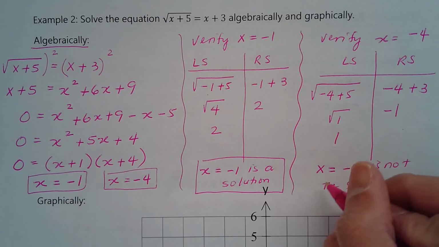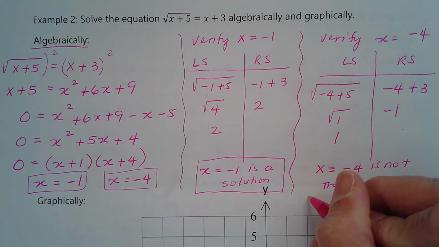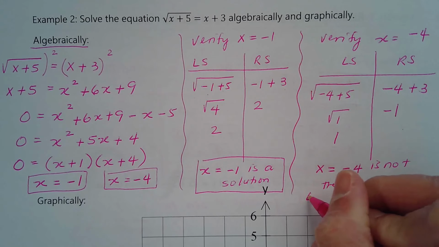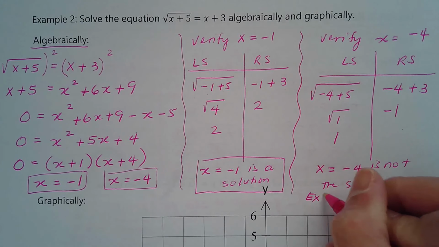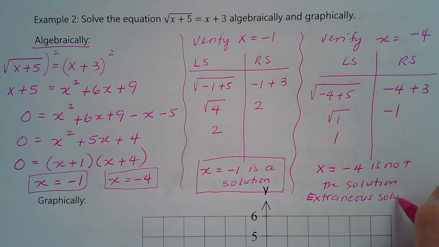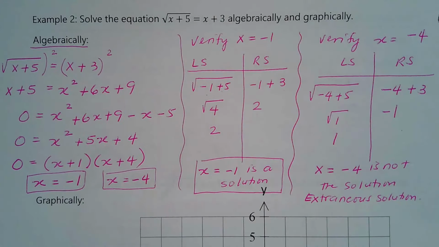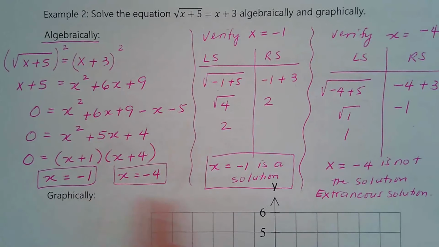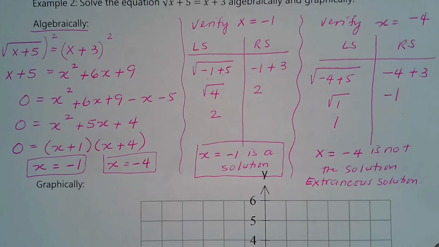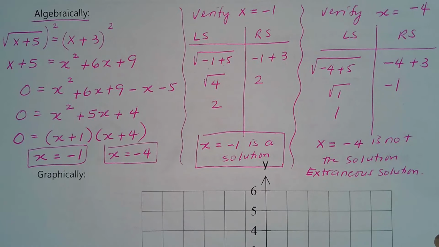Now this is called an... Do you remember what it's called? Yeah, extraneous solution. It's a solution algebraically, but when we verified it, it's not. Extraneous solution. Okay, is that good?